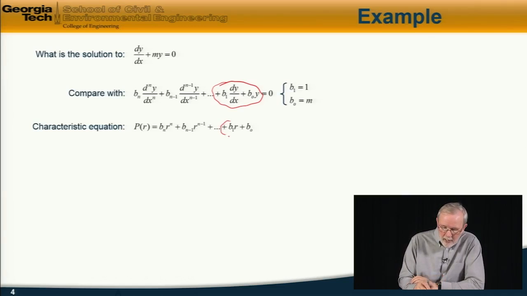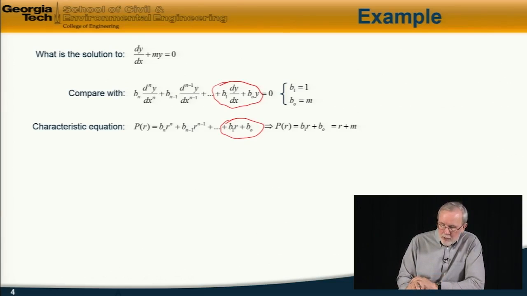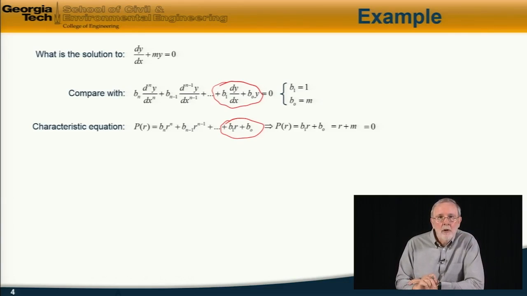But again, we only have the last two terms appearing in this particular case because it's a first-order equation. So the characteristic equation becomes b1 r plus b0, but b1 is equal to 1 and b0 is equal to m, so therefore we have r plus m. To solve this equation, we set that equal to 0 and solve for r, from which we see that we only have one root, r1, which is equal to minus m.